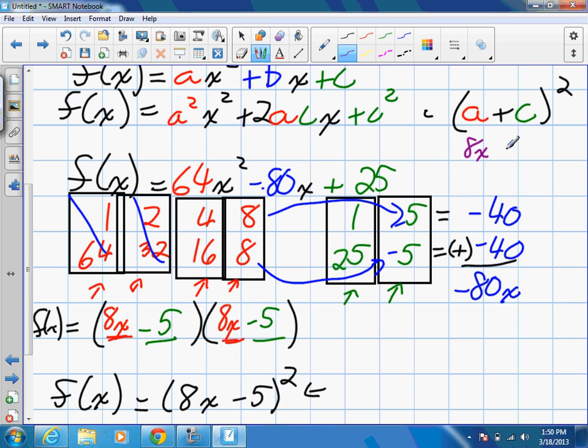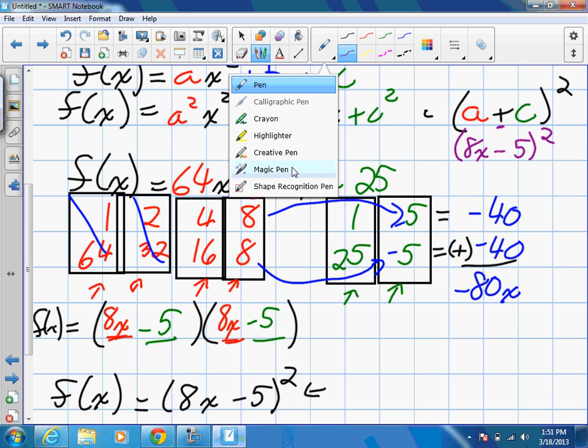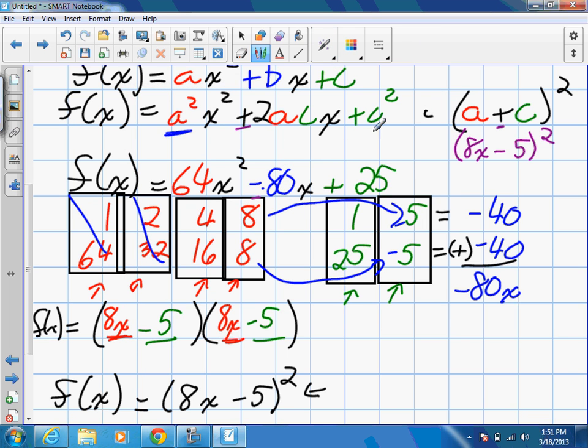And what is the square root of our 25? 5. This represents the middle term's operation. What was the operation in front of the 80? Negative. If I had recognized it was a perfect square trinomial, I could have taken the shortcut and square rooted the first and last term and just taken the middle value, and that would have been the factored form.